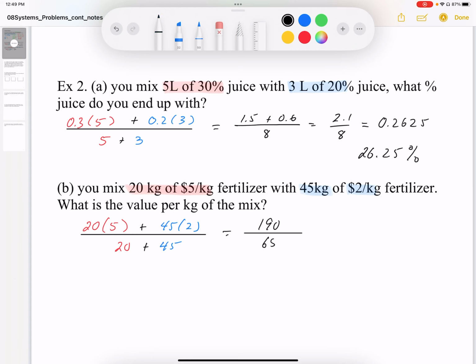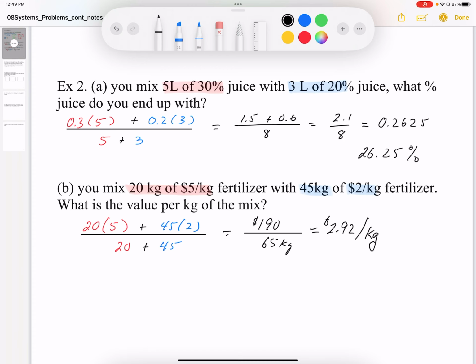So it's $190 divided by 65 kilograms, and 190 divided by 65 gives us approximately $2.92 per kilogram.